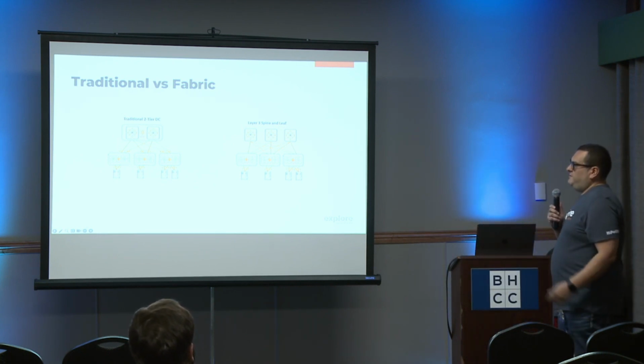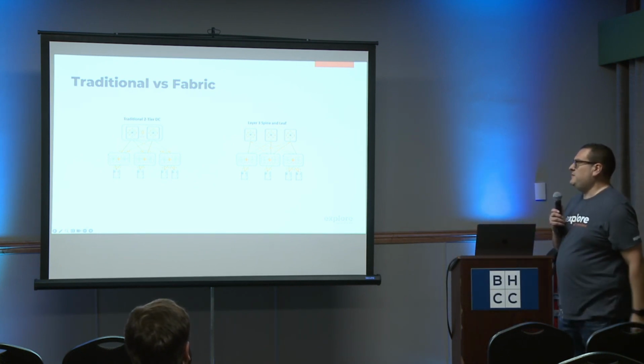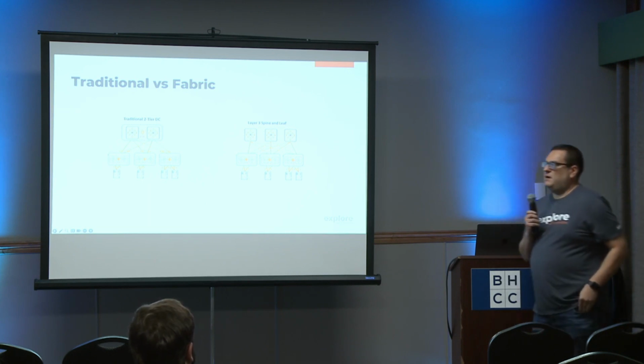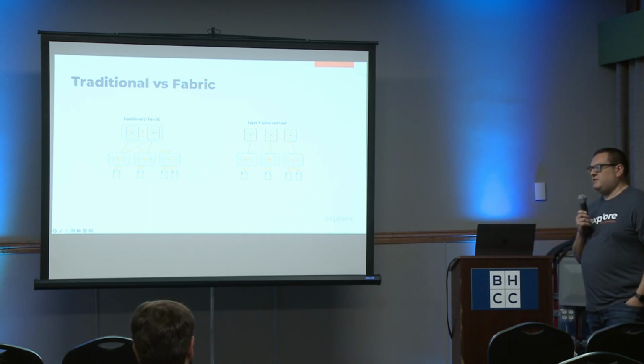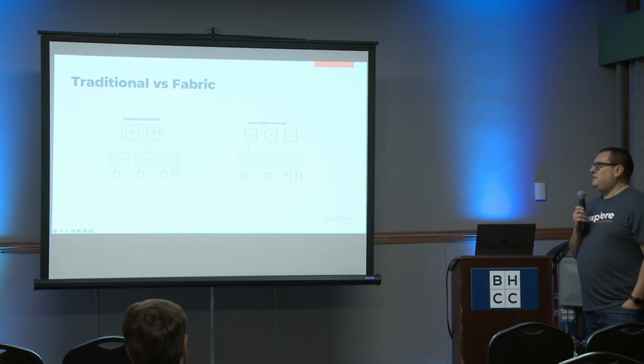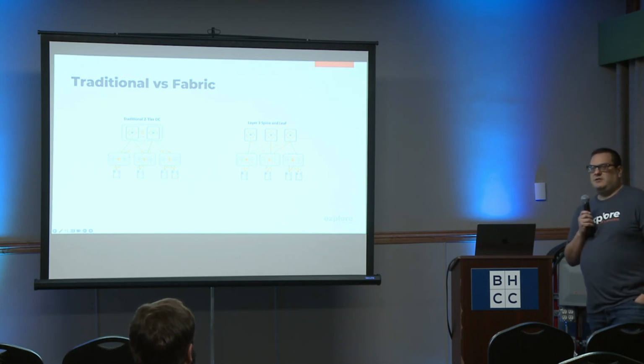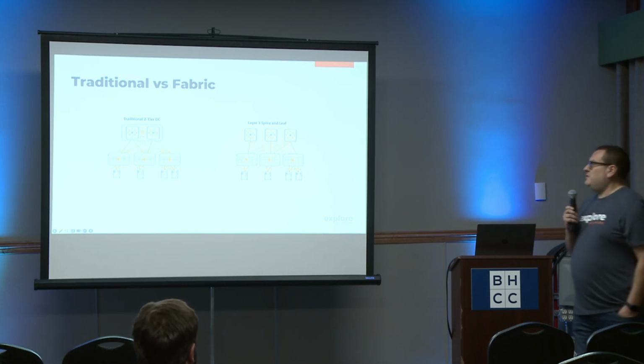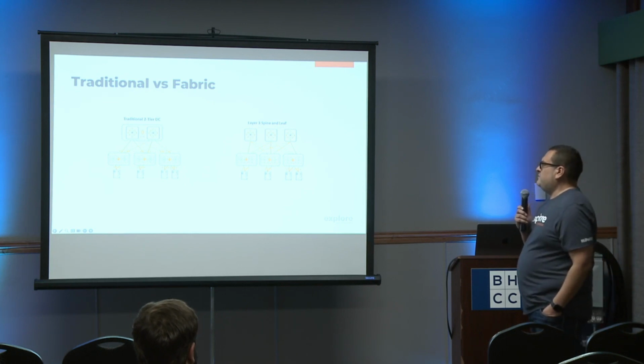So orchestration efficiency, we gain a lot of that when we switch to a fabric network, because now we have an orchestration software, in this case called Aruba Fabric Composer, and that takes care of all the work for you, reducing human error, okay? Plus there's also access to API calls.